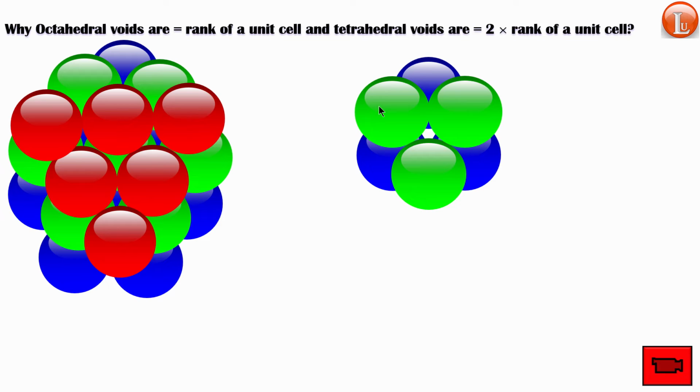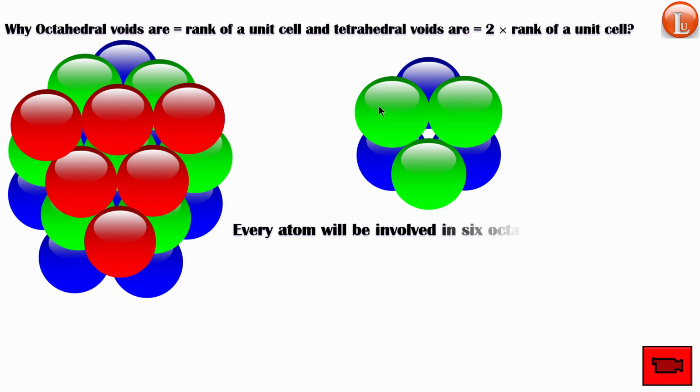And since that atom is already associated with 6, 6 into 1/6 is 1. That means there is one octahedral void per atom of a unit cell. And therefore, since rank itself is the number of atoms per unit cell, octahedral voids have to be equal to rank because there is one octahedral void per atom of the unit cell.